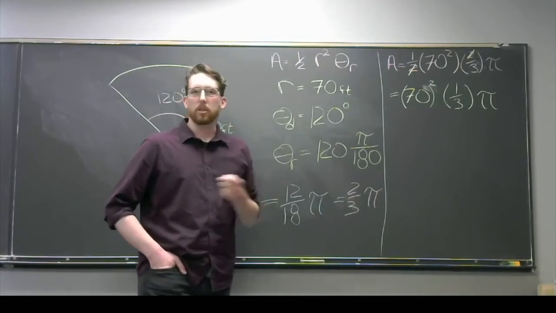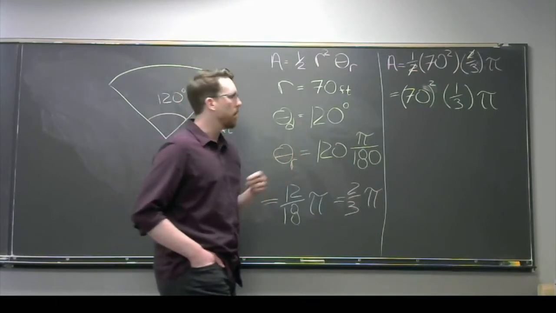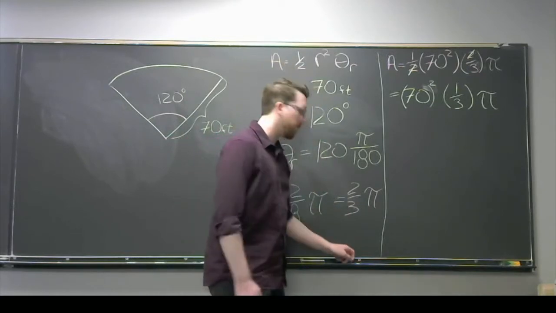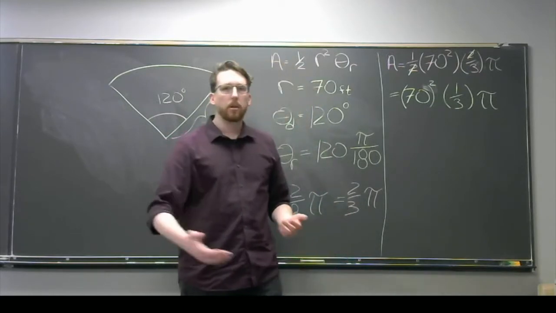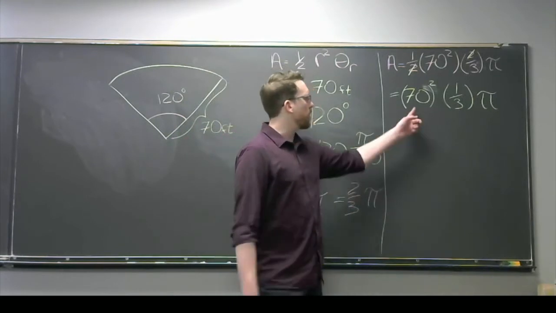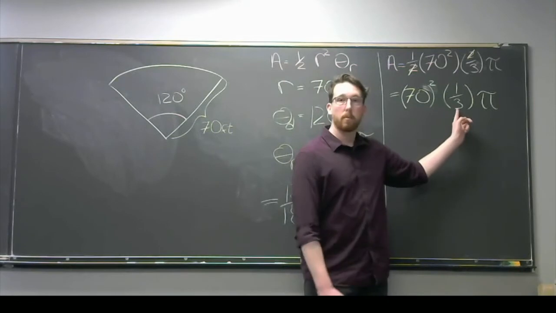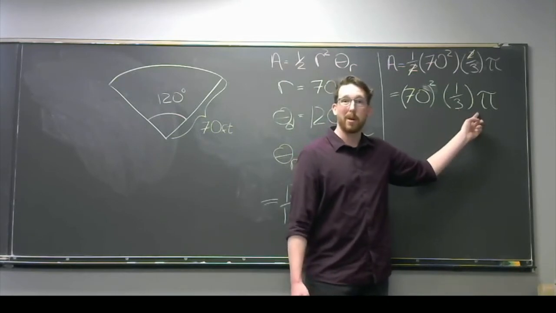And the rest is really just arithmetic, so I'm going to leave it here and get on with the rest of lecture. The rest of this calculation you can find in your notes. You're just going to square 70, then multiply by 1/3, and then multiply by pi.